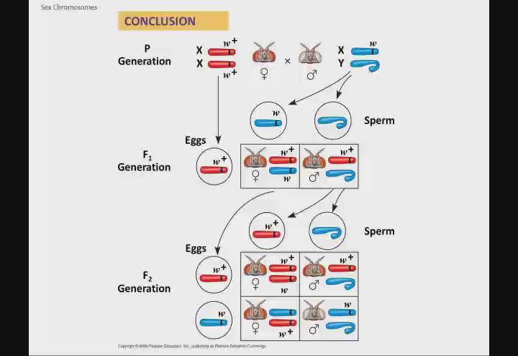The nomenclature for fruit flies is a little different. You have a little plus sign to indicate the dominance, the wild type, and the lack thereof, the W, to indicate the recessive version of the gene.